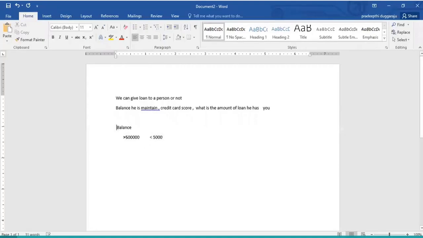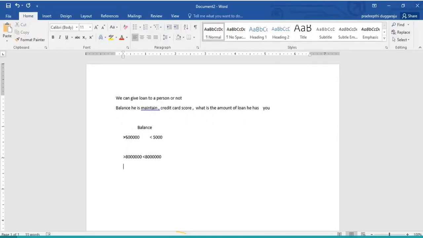If the balance is greater than 50,000, then check the credit score, greater than 800, less than 800. Or else, if it is greater than 50,000, it can also check loan, greater than 8 lakhs, less than 8 lakhs.